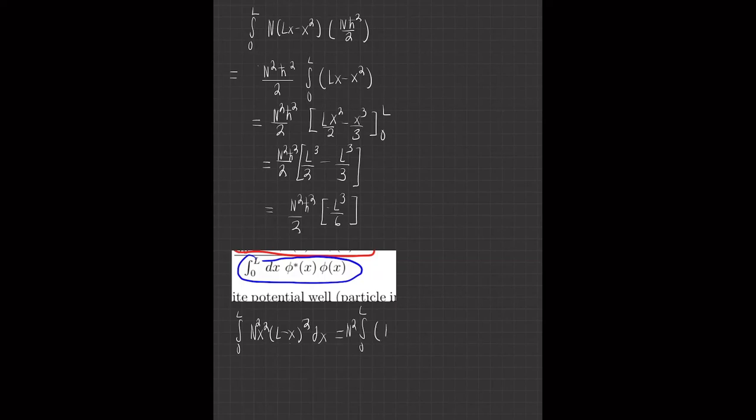Then you would have Lx minus x squared, squared, dx. Then distributing out, L squared times x squared minus 2L x to the third, and this would be plus x squared, x to the fourth, I mean.